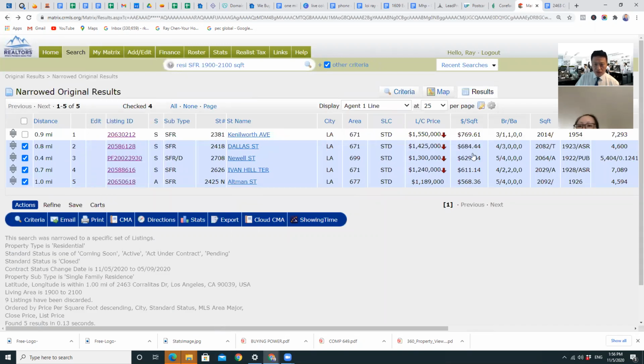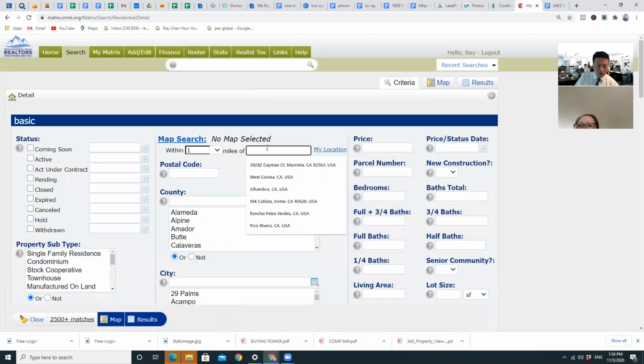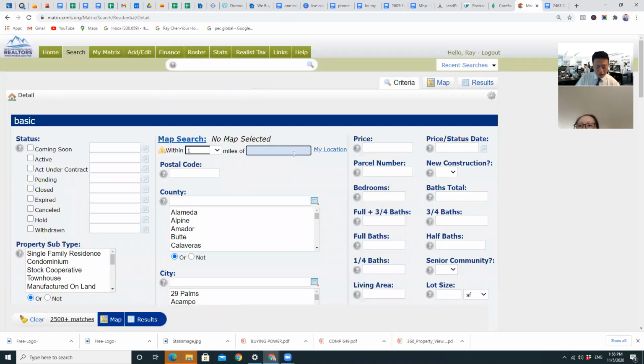So let me just do another search so you know what I'm talking about. I'm going to go through the process again. When you pick the comparable, you want to make sure it's the same location, and you want to make sure of the square foot.